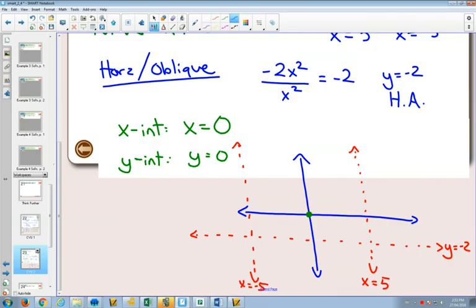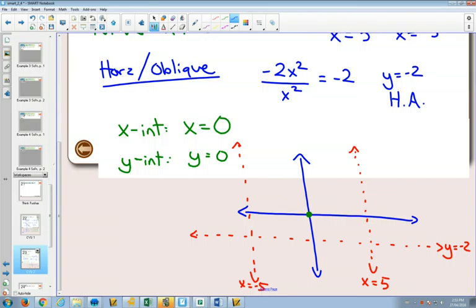Now generally what we do is we find one point in each section, and each section is separated by our vertical asymptotes. So this one's going to have three sections: something less than -5, something between -5 and 5, and something bigger than 5. I've already got something between -5 and 5.